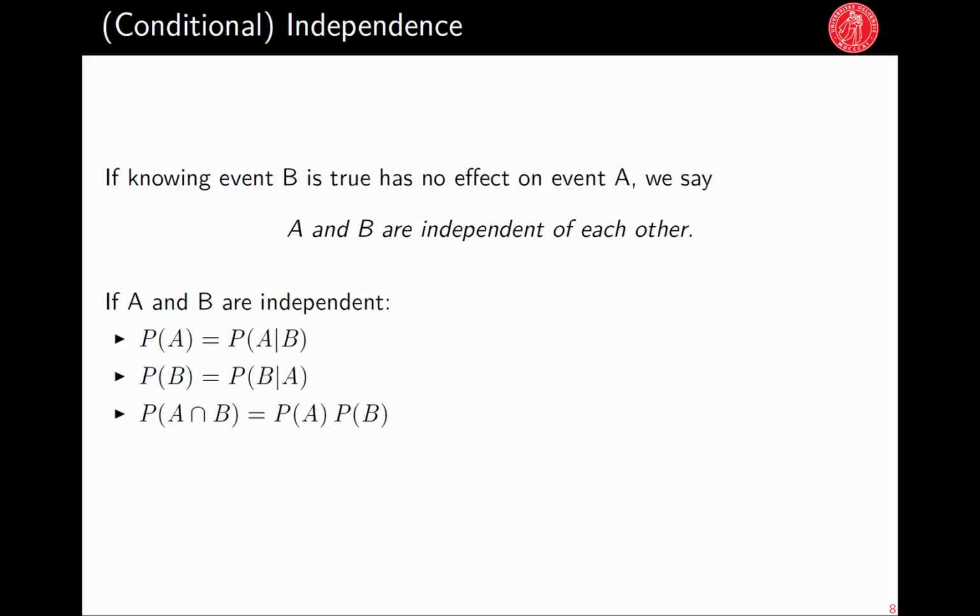I sort of delayed computing the probability of two throws of a die summing to 6 and one of them being a 1, because we hadn't introduced the notion of independence or conditional independence. Intuitively, when I throw two dice, the result of the second throw does not depend on the result of the first throw.